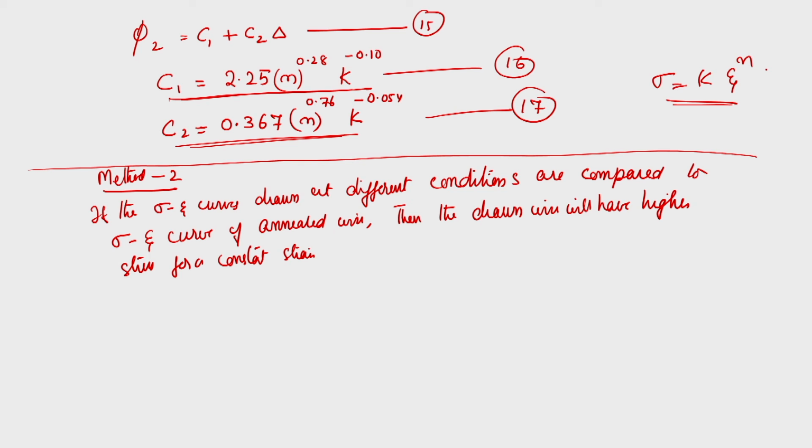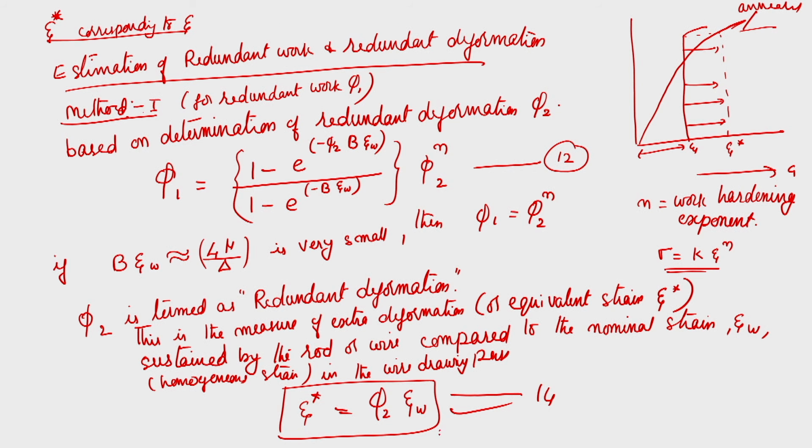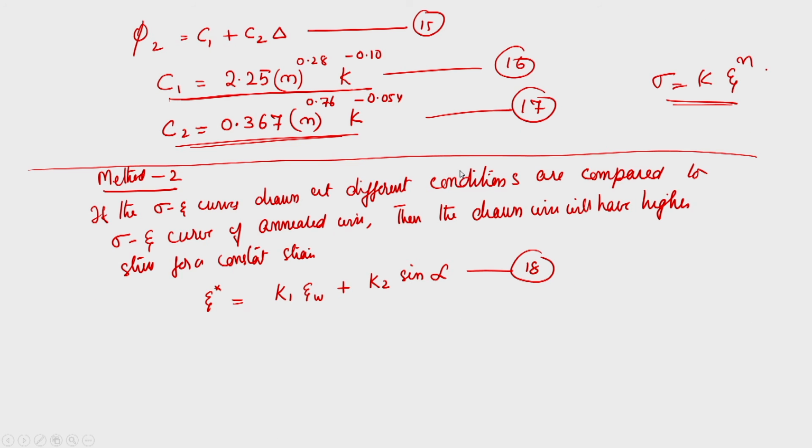So, you will find that for a number of metals, this epsilon star can be correlated by the nominal strain epsilon W plus K2 into sin alpha. So, if you use relationship 14, then you can get phi 2 is equal to k 1 plus k 2 into sin alpha by epsilon w.